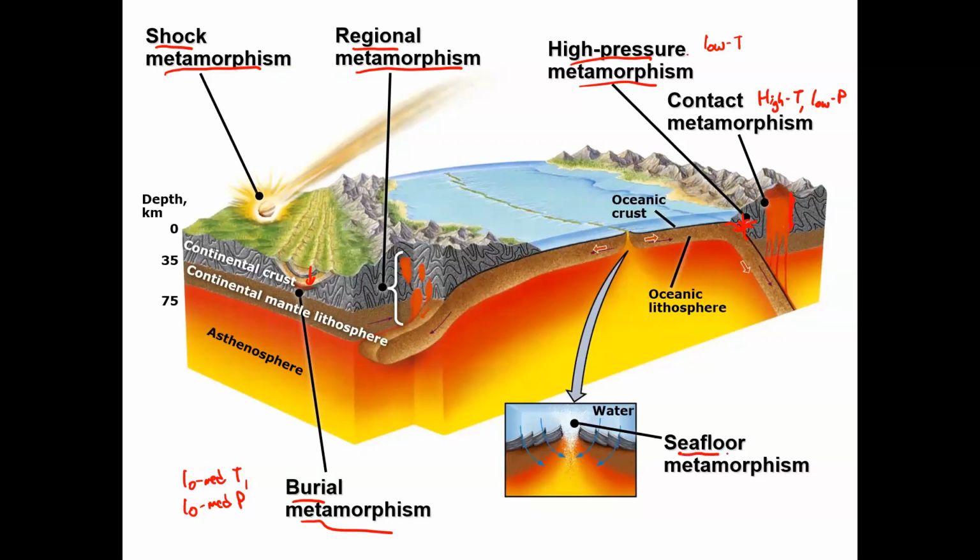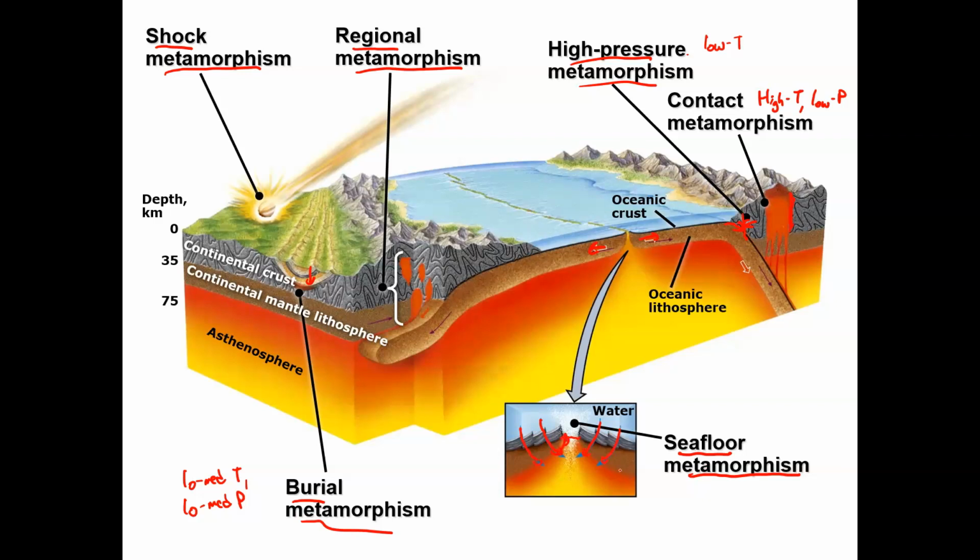One more that we'll point out is seafloor metamorphism that happens because as plates move apart and you have sort of this open area where partial melting of the mantle is coming up and generating new igneous rocks, you've also got seawater percolating down through the pores in those rocks, interacting with some of that magma. And then it rises and it carries new elements dissolved in it to the surface.